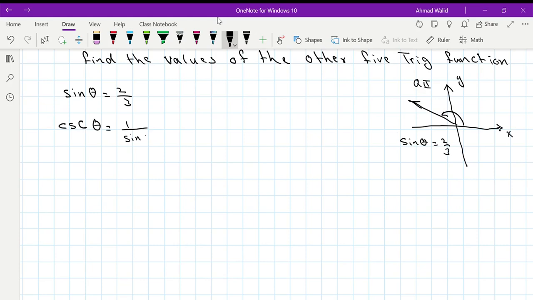We had this one as a reciprocal identity. It means 1 over 2 over 3, which gives 1 over 1 times 3 over 2. It means 3 over 2. Both signs are positive, correct? Because we know in quadrant number 2, these 2 are positive.